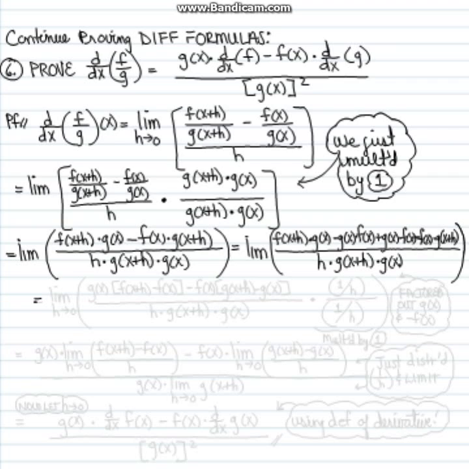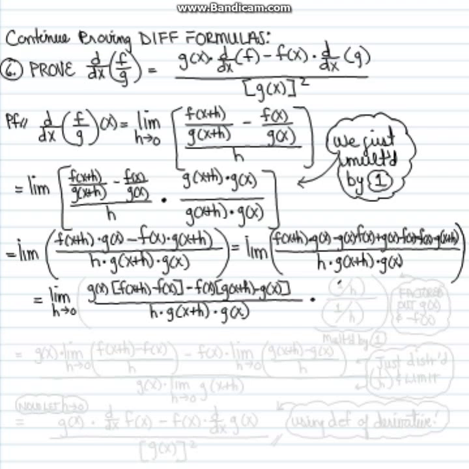And actually what we're doing is factoring out the g of x upstairs and the negative f of x upstairs. That gives us a limit of g of x times bracket f of x plus h minus f of x, close bracket, minus f of x times bracket g of x plus h minus g of x, close bracket, all over that crazy denominator h times g of x plus h times g of x.